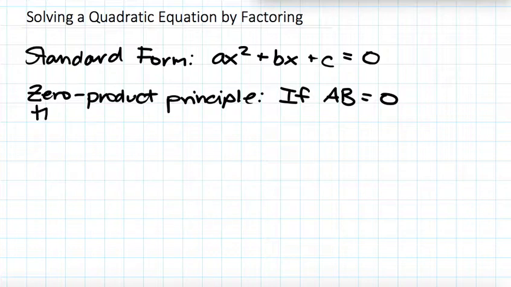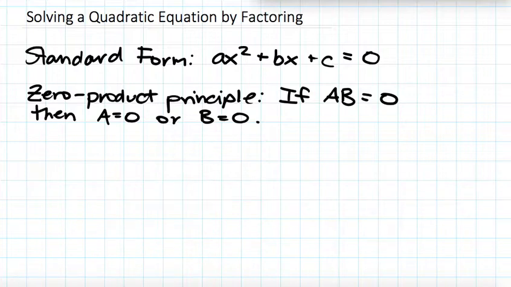So then either a equals 0 or b equals 0. The only way that two numbers can multiply to be 0, if you think about your multiplication facts, is if one of them is 0 or both of them could be 0. So we know that if two things multiply and it equals 0, then one of them at least must be 0. So we're going to use this to solve quadratic equations by factoring.